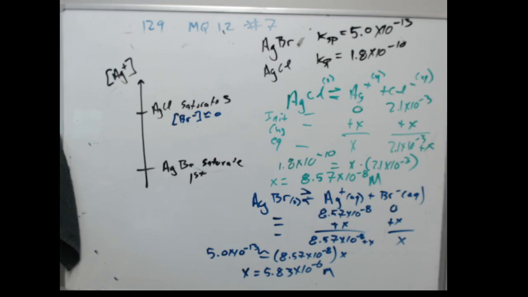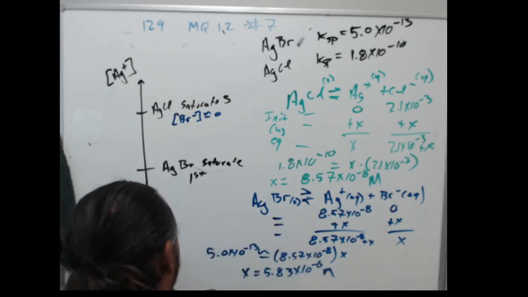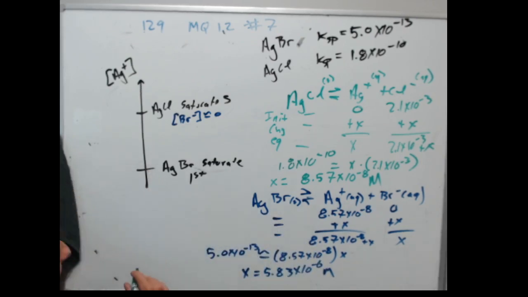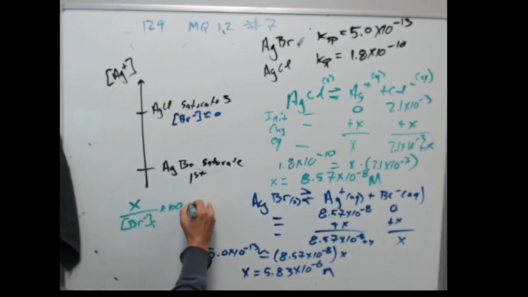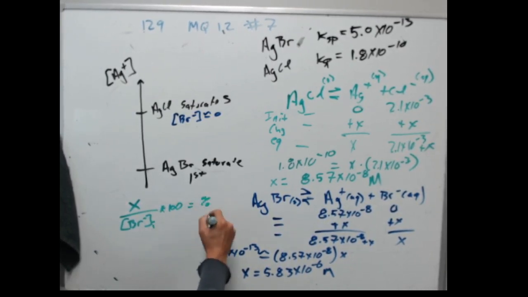5.83 times 10 to the minus 6. Not 0, but pretty small. To get my percent of ion left in solution, I'm going to do x divided by my Br minus initial concentration times 100. That's going to be percent left.